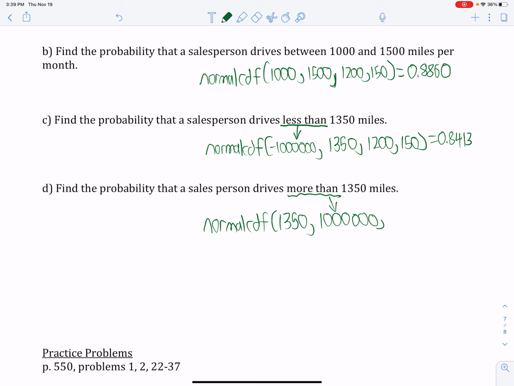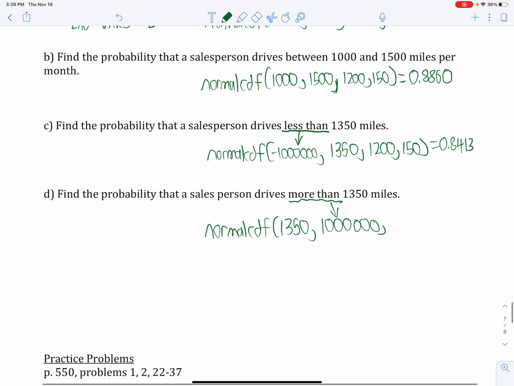So I'll put, let's see, second VARS 2. I'll put 1350 for my lower number, 1,000,000 for my upper number, my mean is still 1200. My standard deviation is still 150. And here I get about 0.1587 for the answer.